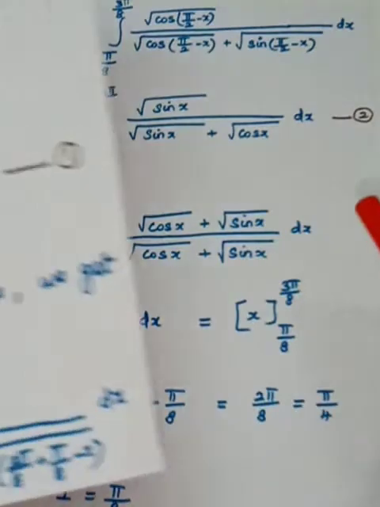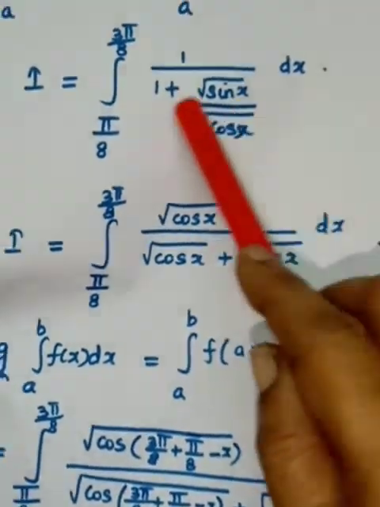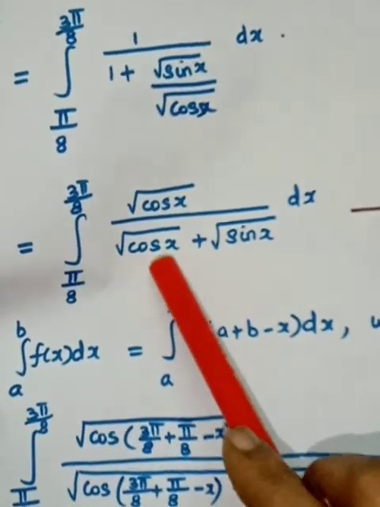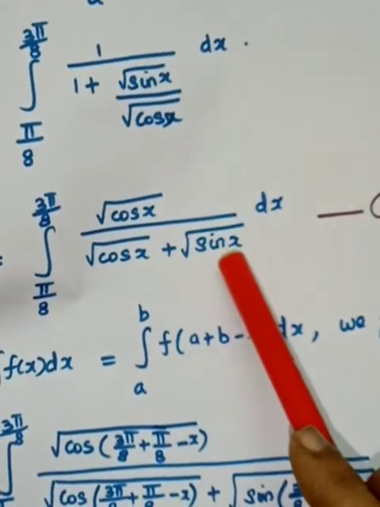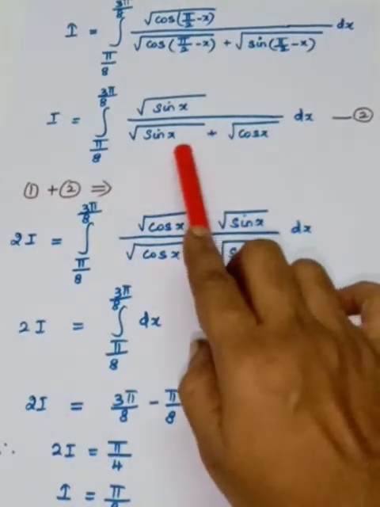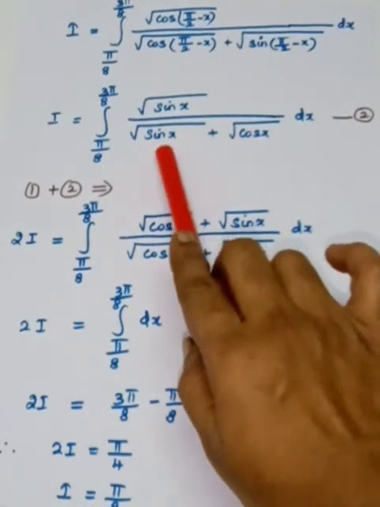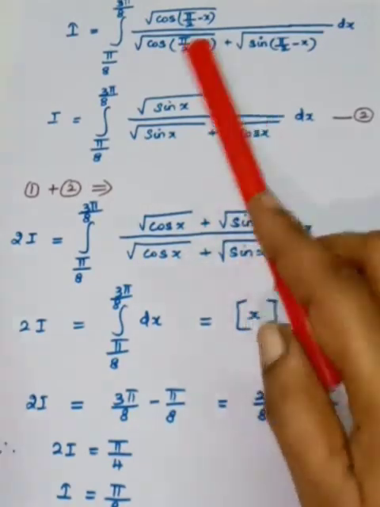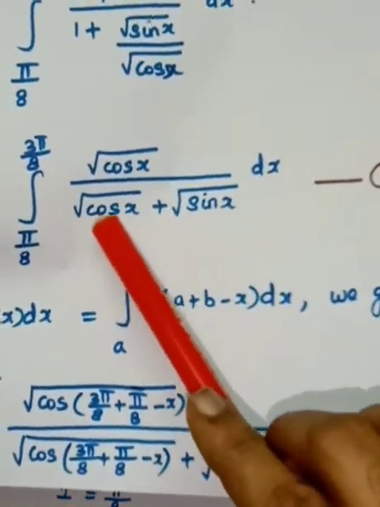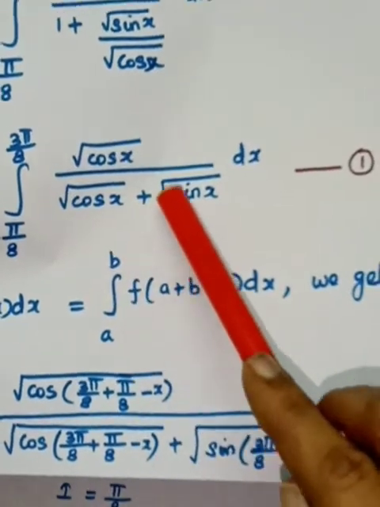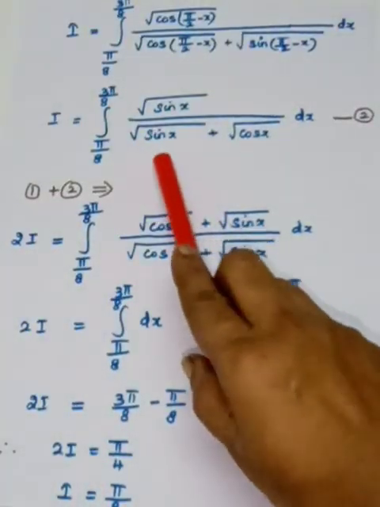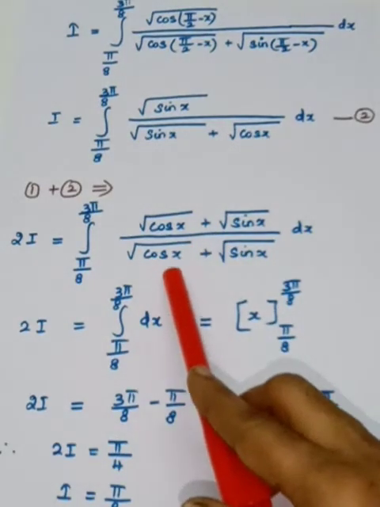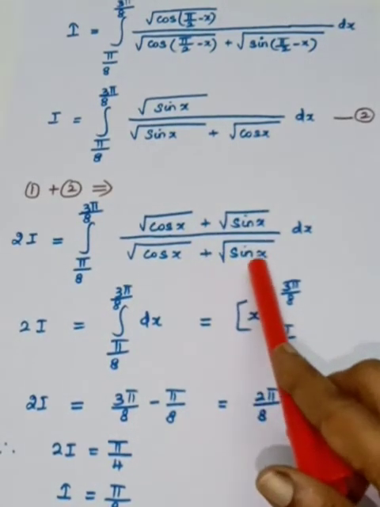Coming to the right side, in the denominator, what you are having? Square root of cos x plus square root of sin x. Coming to the second one, here you are having the same thing, square root of sin x plus square root of cos x. Both are same. So the LCM is square root of cos x plus square root of sin x.